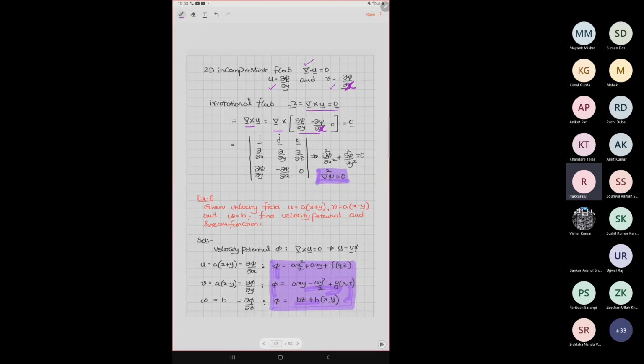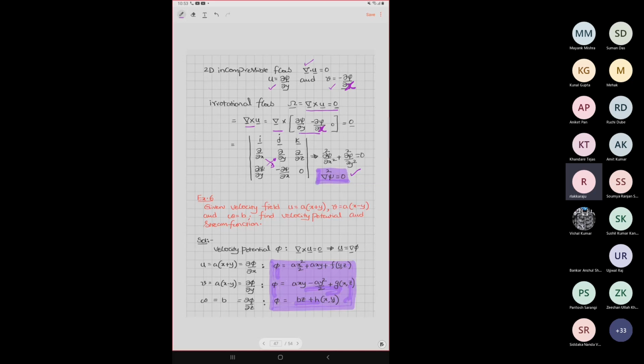Simplify it: minus del square psi by del x square minus del square psi by del y square is equal to 0. That means your del square psi is equal to 0. So both stream function and velocity potential satisfy the Laplace equation as long as the flow is irrotational and incompressible.